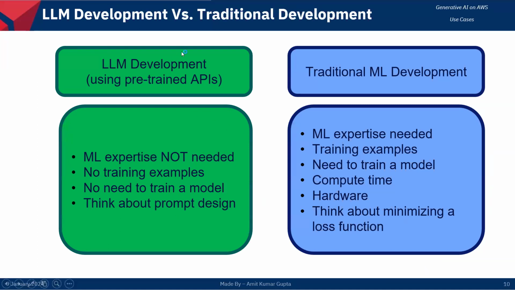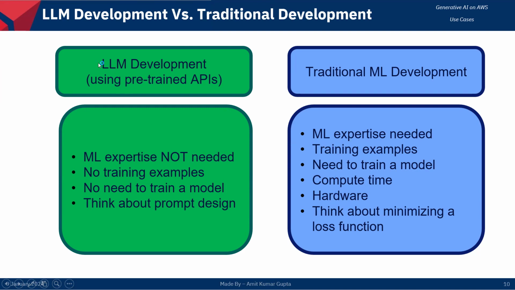So that is the difference between LLM development versus traditional development. Earlier in traditional ML development, machine learning expertise was needed. That means we needed training data, we needed to create those things, and after that we needed to train a model. For training those models we required compute time, and hardware was also required, right?